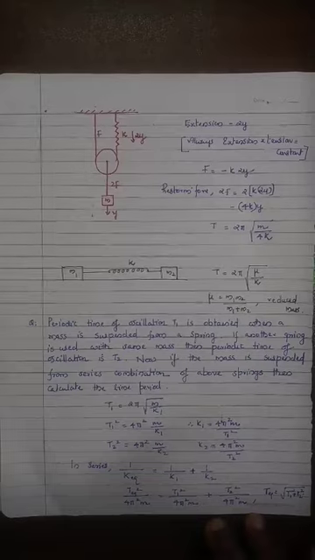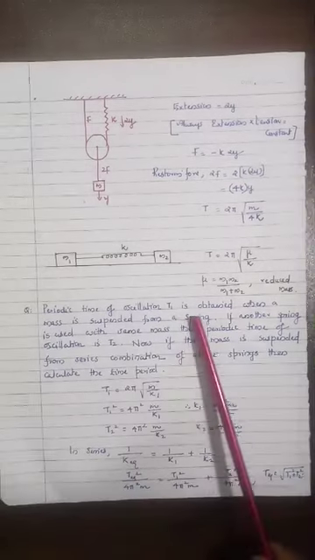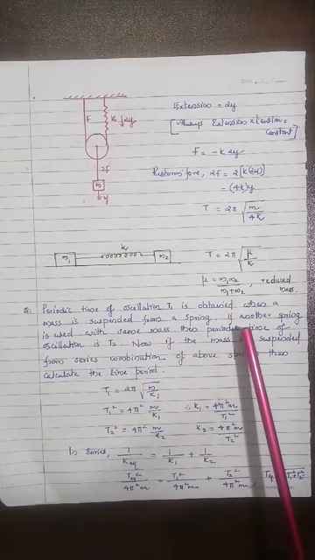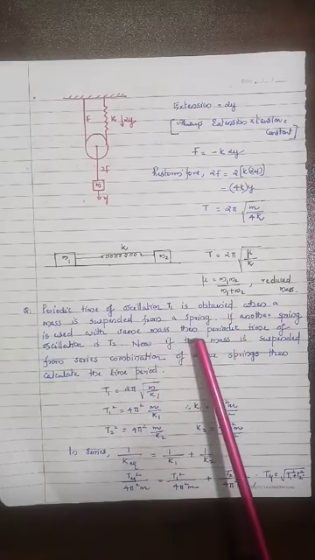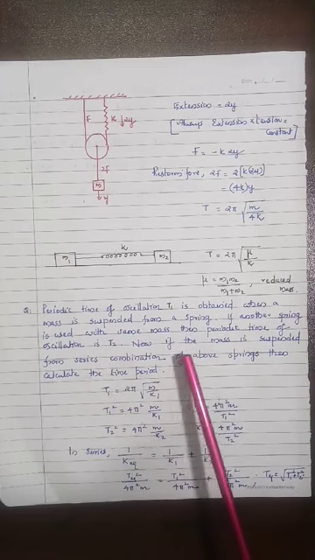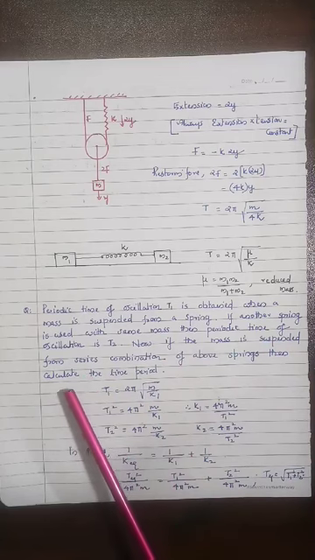Look at the next question. The periodic time of oscillation T1 is obtained when a mass is suspended from a spring. If another spring is used with the same mass, then the periodic time of oscillation is T2. Now, if the mass is suspended from a series combination of the above springs, then calculate the time period.